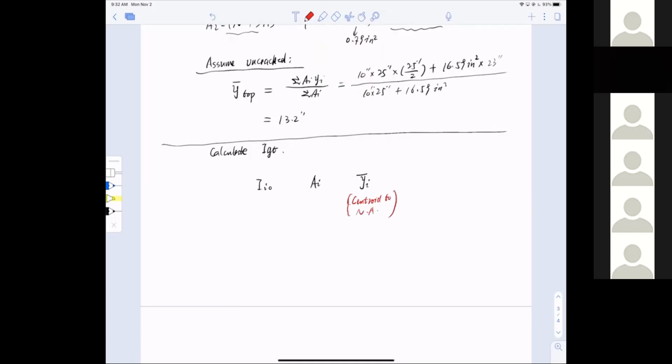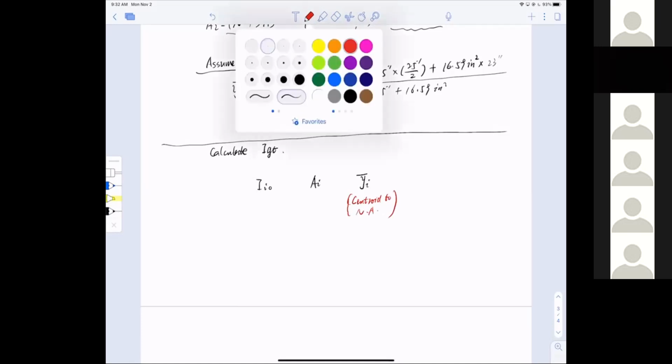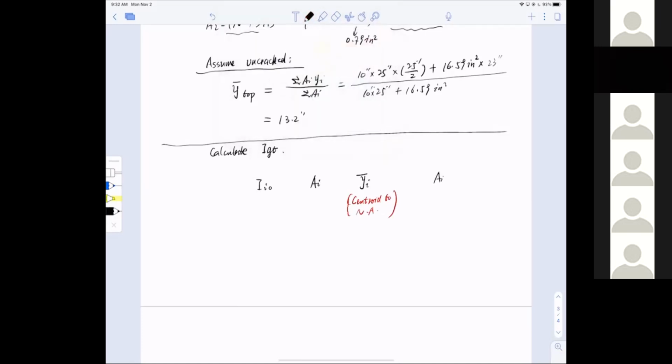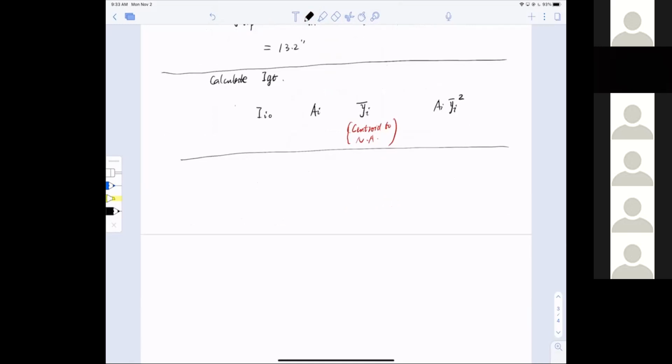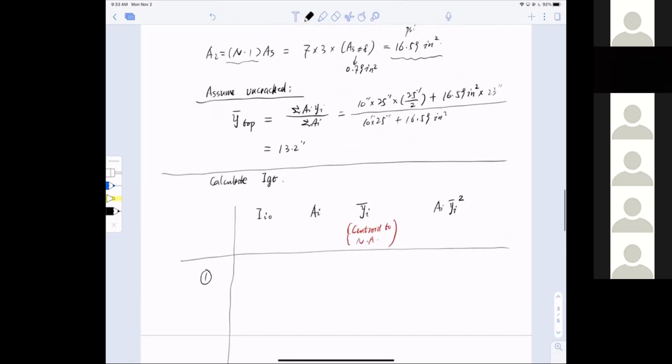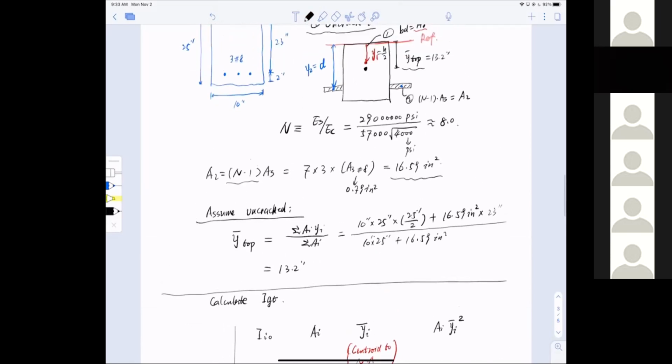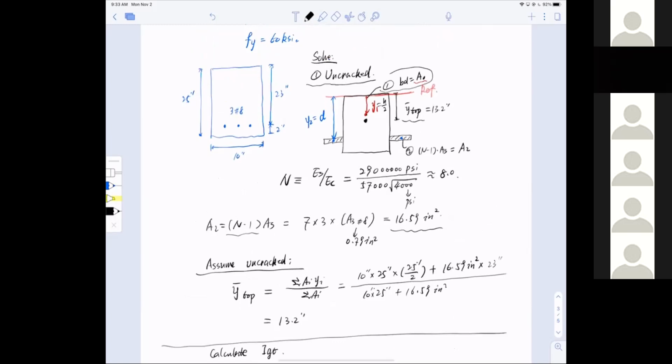Then Ai yi squared, and I add them all up. So make the table. This is where I start, and this is part one. Which one is part one? This rectangular part is part one, remember?